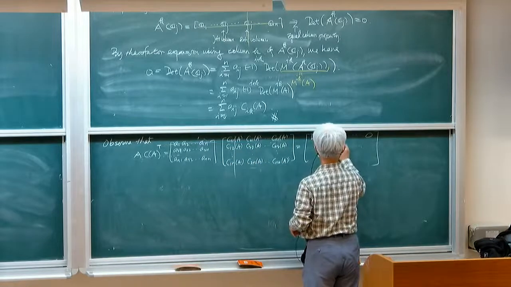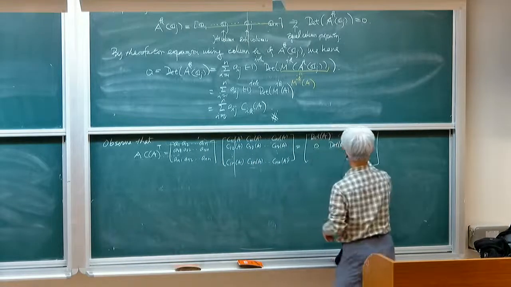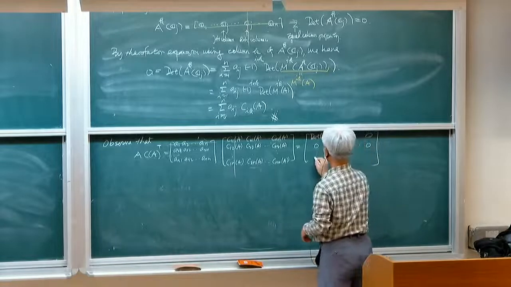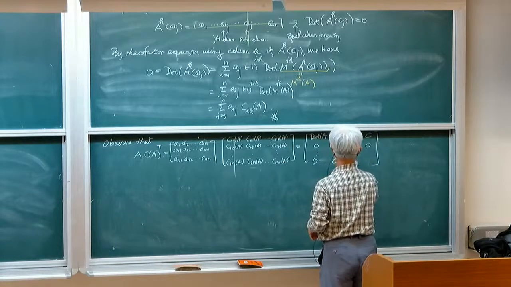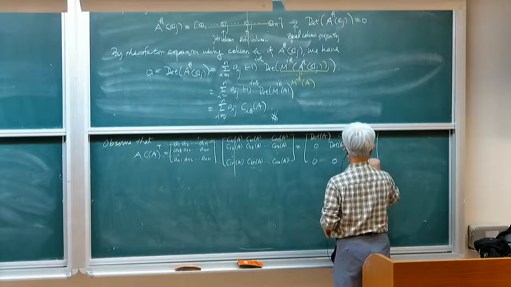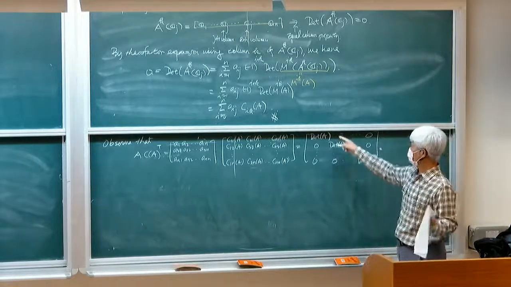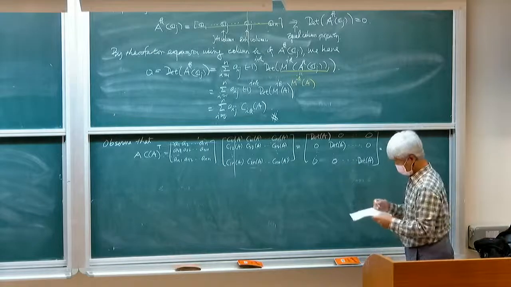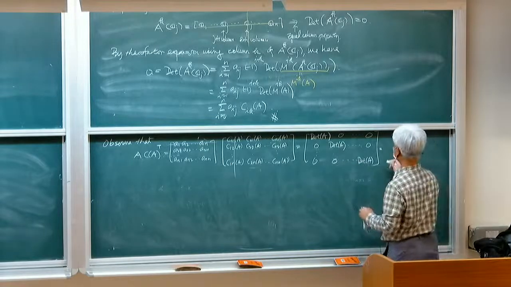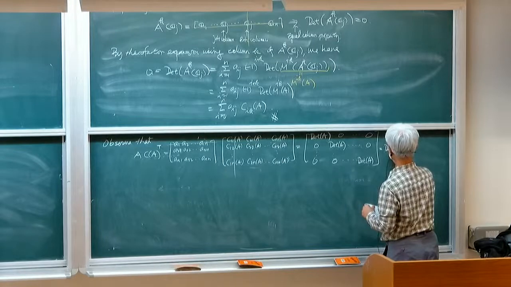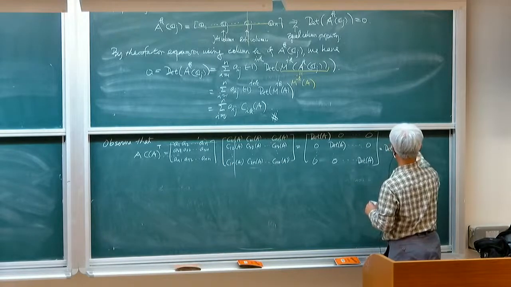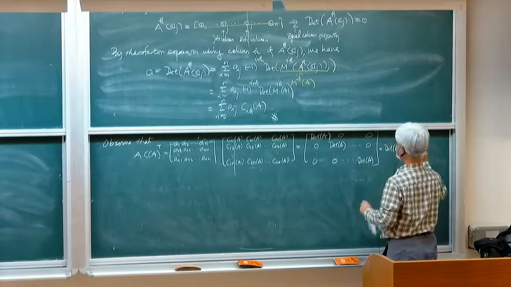And so you have determinant A, and 0, 0, and determinant A. So now you have a diagonal matrix here. And what is that? This is the determinant of A times the identity matrix.